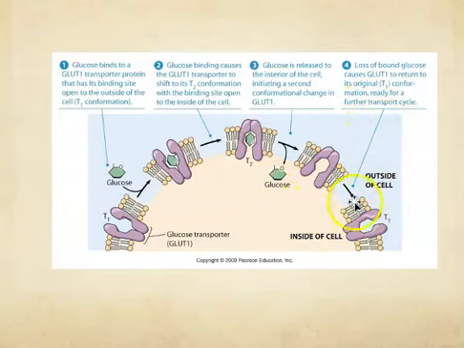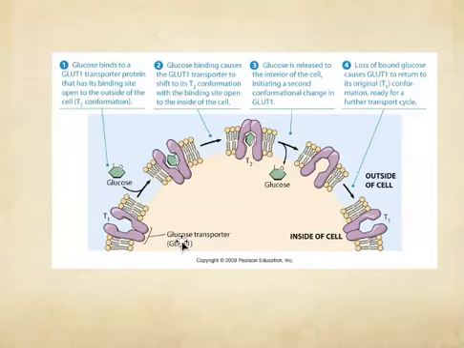And you can see that the cell has a membrane, a bilayer, around it, and a purple carrier protein embedded in the membrane. This one happens to represent a carrier protein called GLUT1, which is a glucose transporter. This would fall into the category of a uniport transport protein.